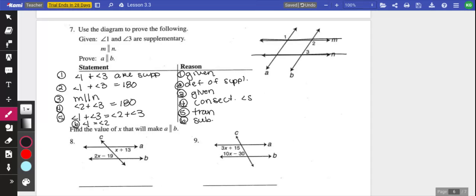Now I know if those angles are equal, they're going to make parallel lines. So I can say that A is parallel to B because I've proven that these are equal alternate exterior angles. And it's angles showing lines, so I have to say alternate exterior angles converse.